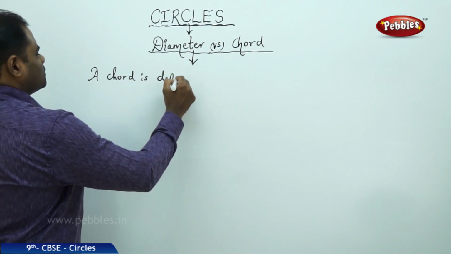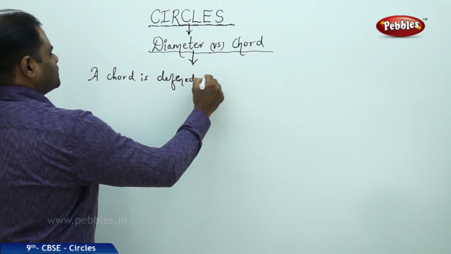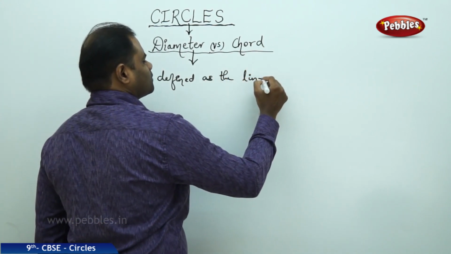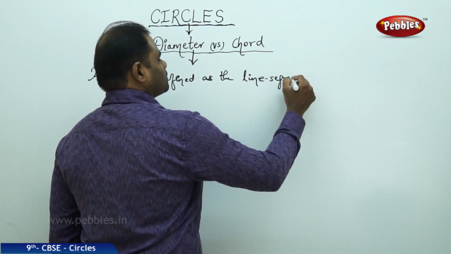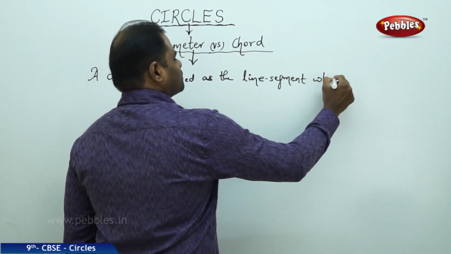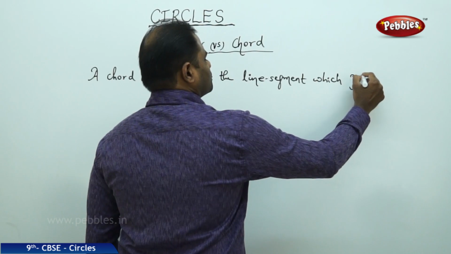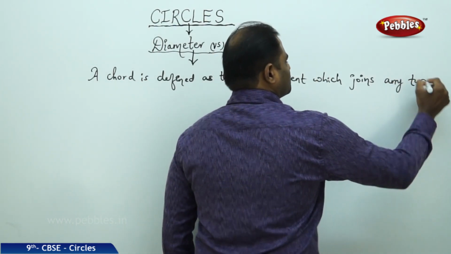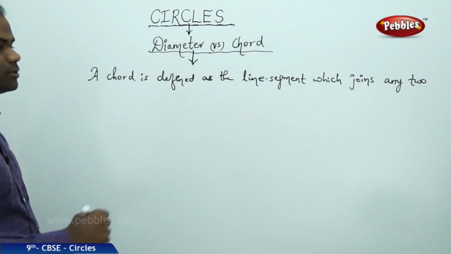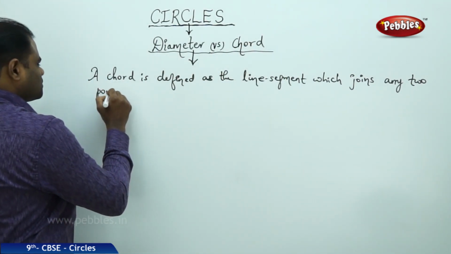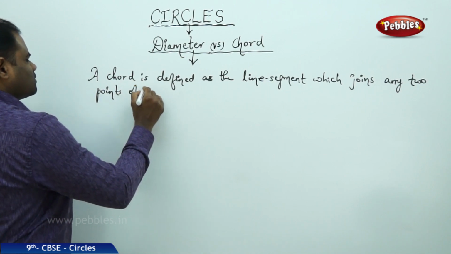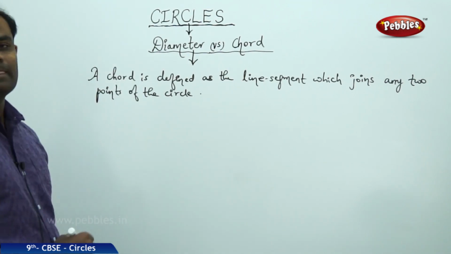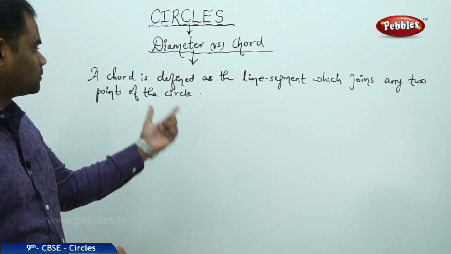A chord is defined as the line segment which joins any two points of the circle. This is how we understood the chord.